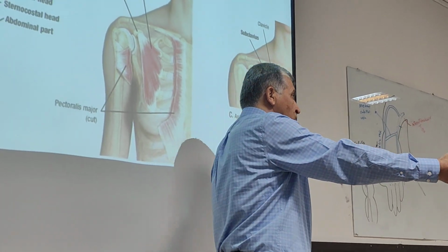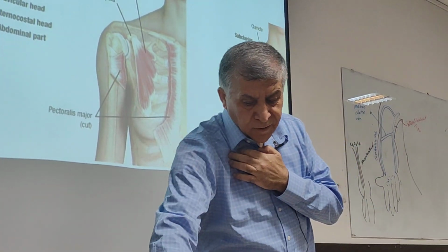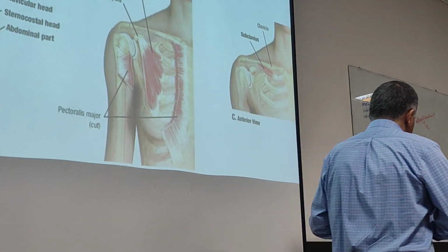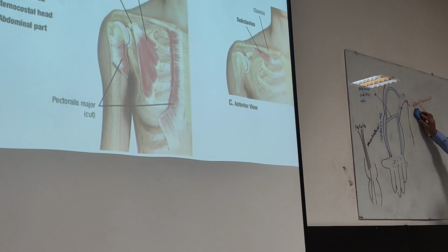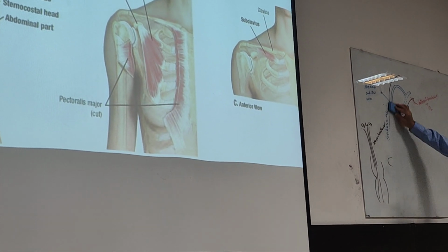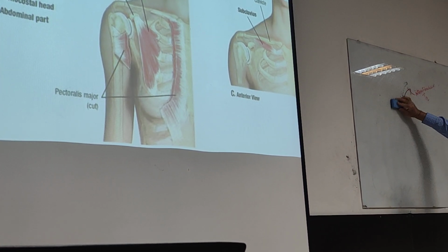The pectoralis major is innervated by the lateral and medial pectoral nerves.